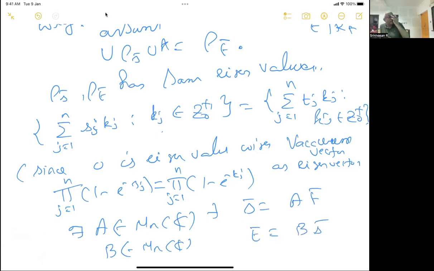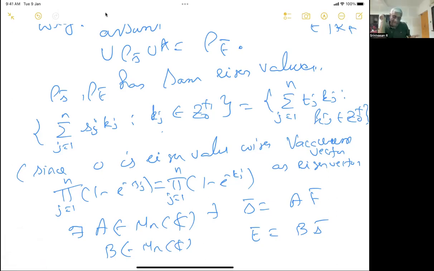The reason is, those two sets are equal, so corresponding to any element here there is some other element here. Here Sj itself is an element, taking Kj equal to 1 and everything else 0, and for other j not equal to j, you take Ki equal to 0. Then Sj is an element here, and Sj should be the summation of Tj Kj.